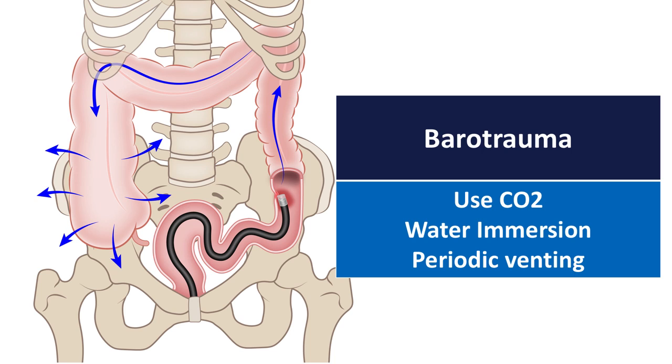especially when you're going through a very difficult sigmoid colon that is fixed from adhesions related to pelvic surgery or radiation, and if it is fixed from severe diverticulosis. In those cases, you have to make sure that you use CO2 and use it very little.